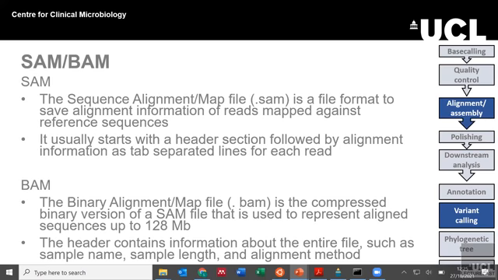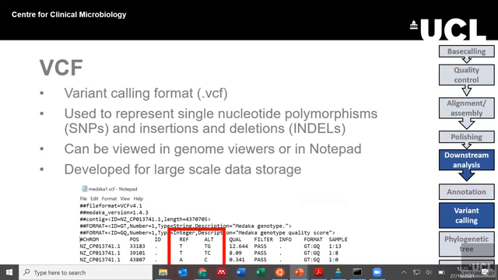We've then got VCF, or variant calling format. So if you're looking for SNPs or single insertions and deletions, if you compare your genome to another genome, what you'll get is, again, you can read it in Notepad, and it will provide the base points.